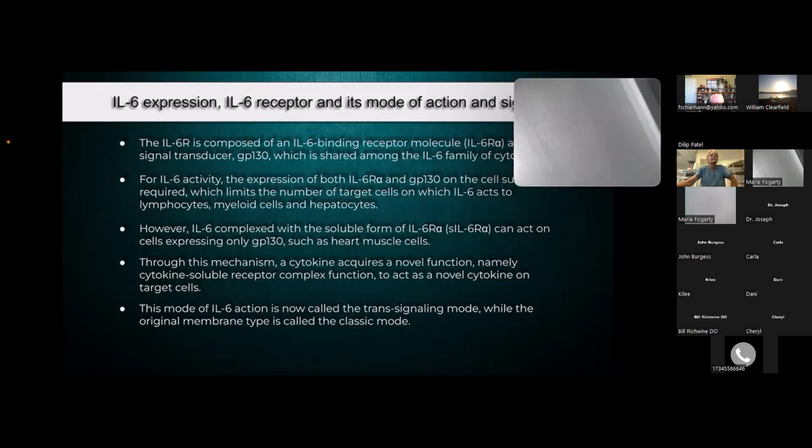So if you have a well-orchestrated, regular acute inflammatory response, you're going to get a classic interleukin-6 binding of receptors, and the right cells will come in and do their job, and then it will heal itself up, and then you get better. Trans-signaling is the problem.